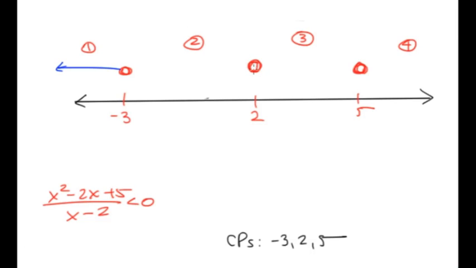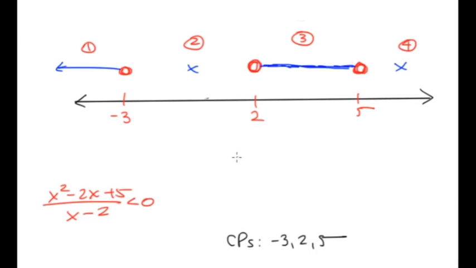Be sure to know that. So 2 was false, so we don't graph anything. 3 was true, so we're going to shade in the interval from 2 to 5. And 4 was false, so we just leave that blank.